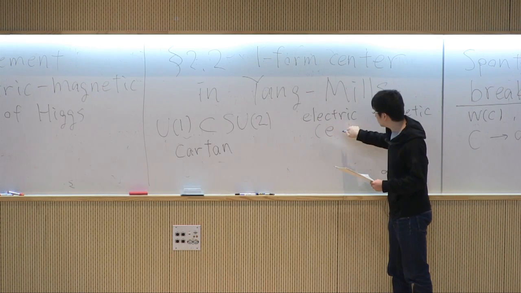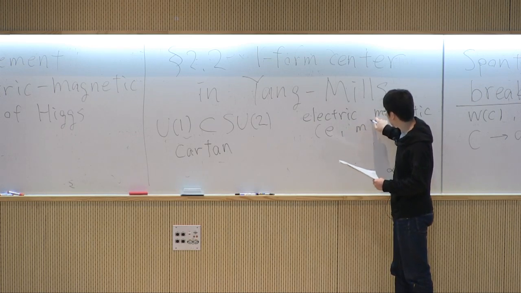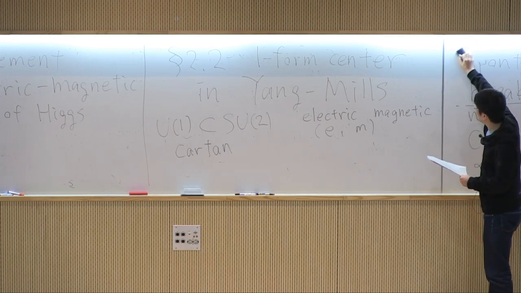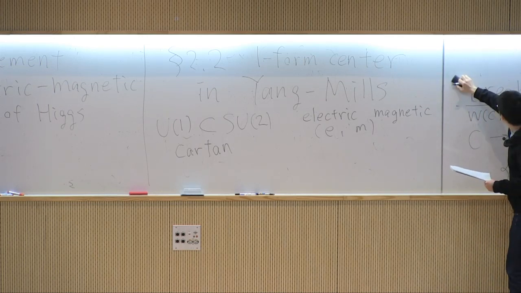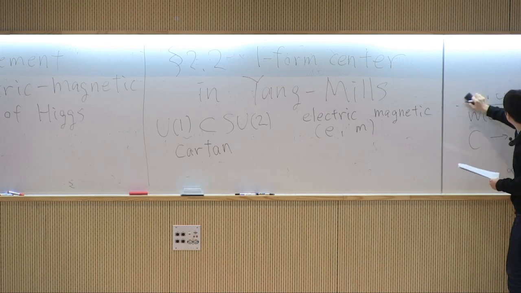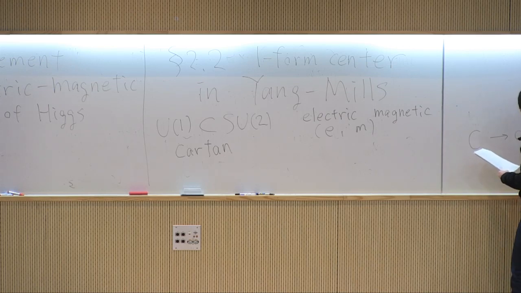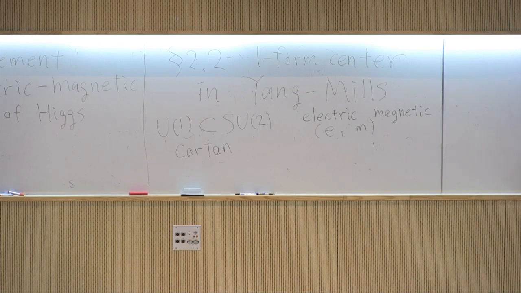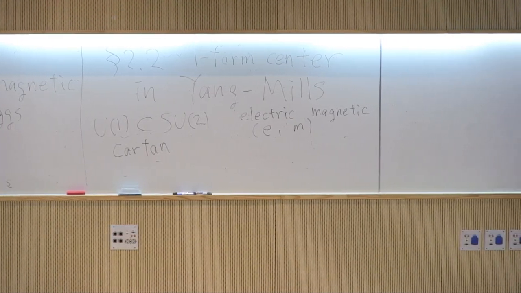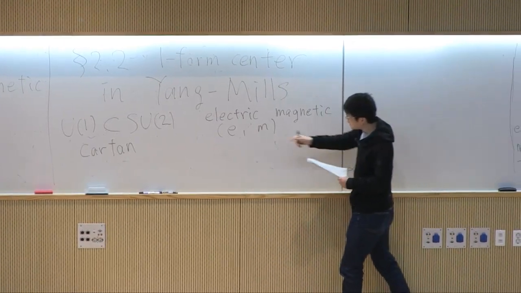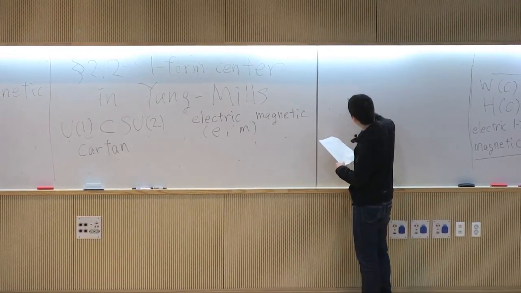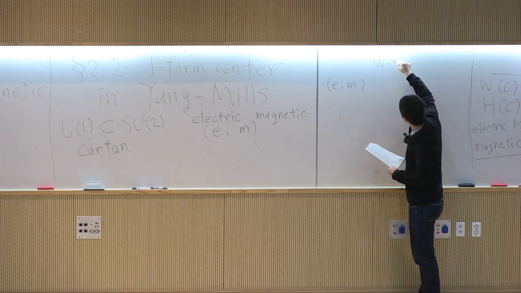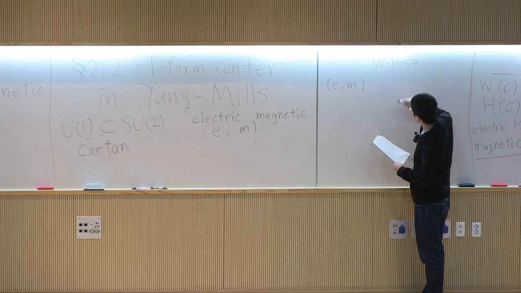So I denote the electric charge by E and the magnetic charge by M. Then under this Cartan subalgebra, the electric and magnetic charge of the W boson.